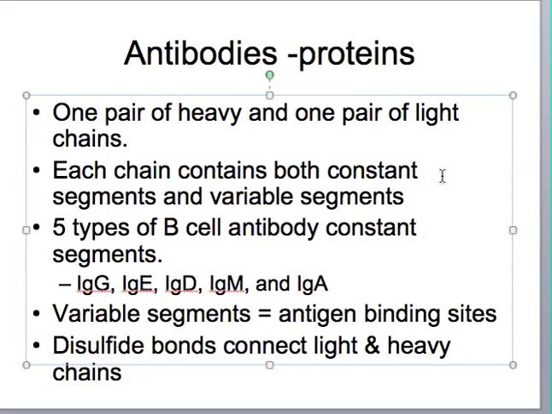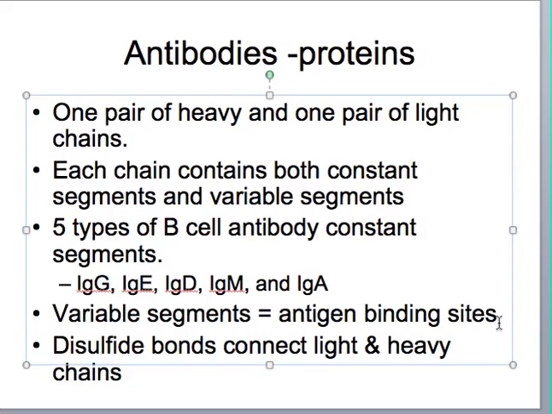Each chain contains both constant segments and variable segments, and we'll tell you what those mean in just a minute. There are 5 types of B cell antibody constant segments, and we call these IgG, IgE, IgD, IgM, and IgA. Now the variable segments are called the antigen binding sites. This is where the antigen actually binds.